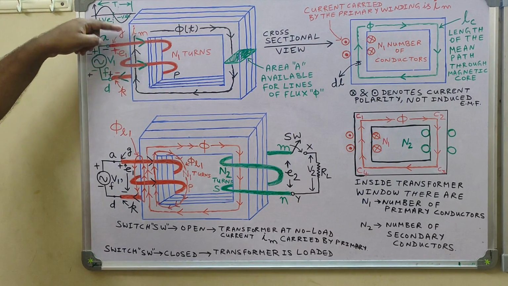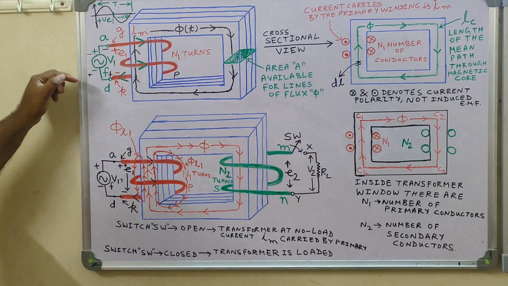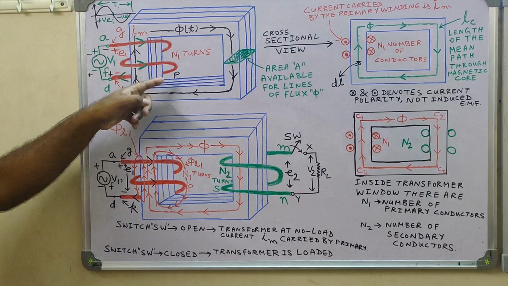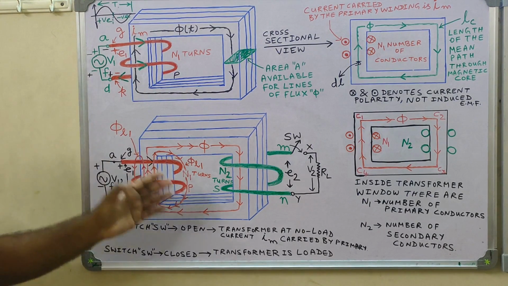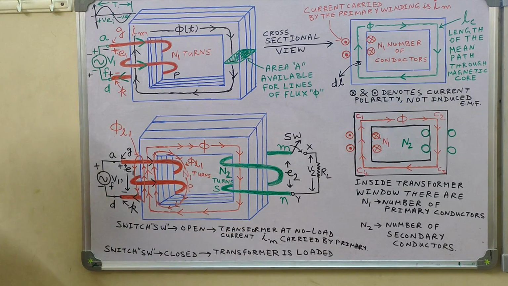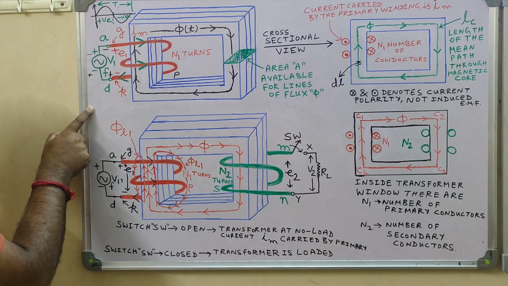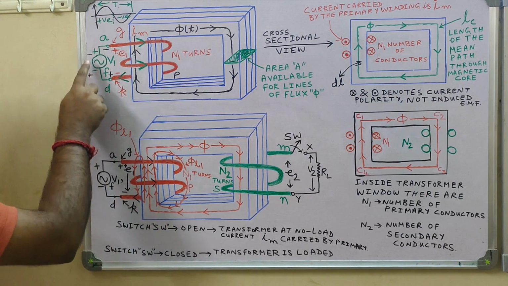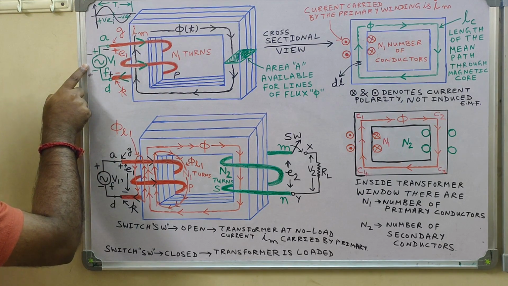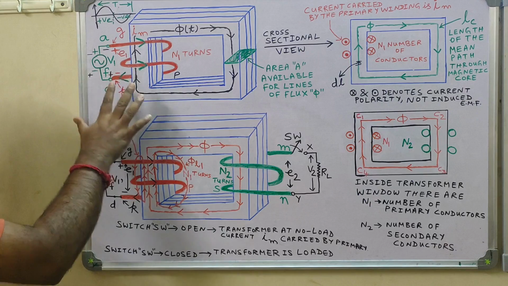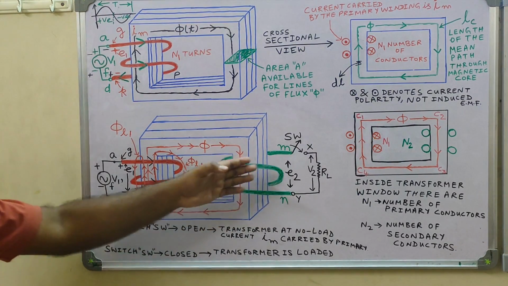So this magnetizing current Im will be drawn by the primary coil P from the sinusoidal voltage V1, whether you connect any load or you do not connect any load. This is going to be there regardless of whether it is loaded or not loaded.